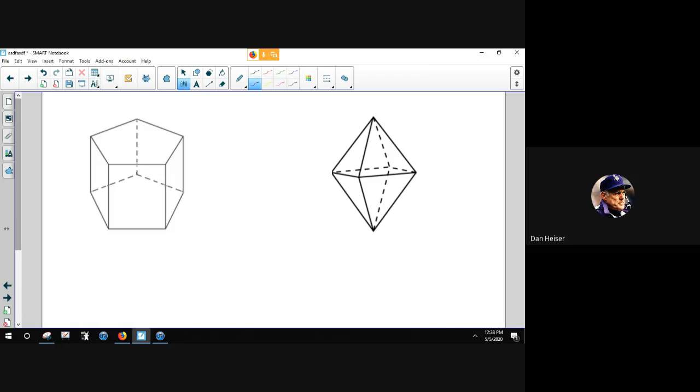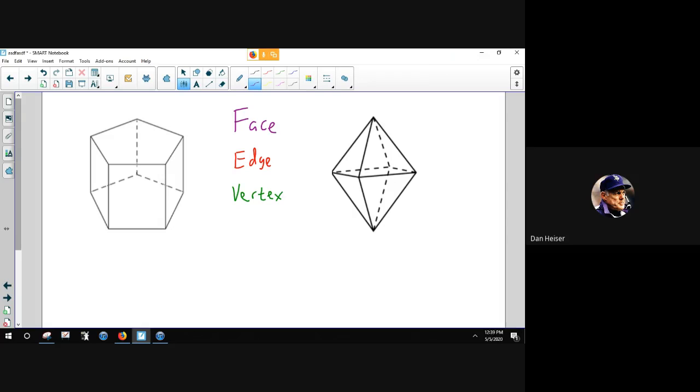So every polyhedron has three basic components. It has what are called faces. It has what are called edges. And it has what are called vertices. Vertices being the plural form of vertex.